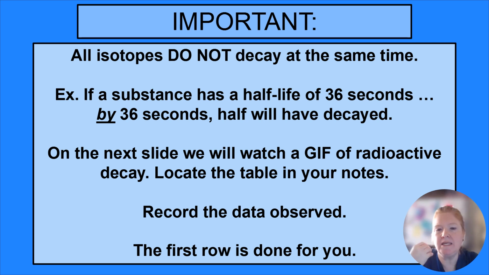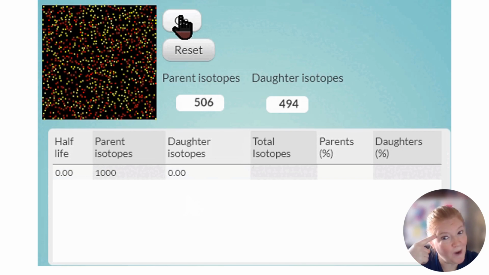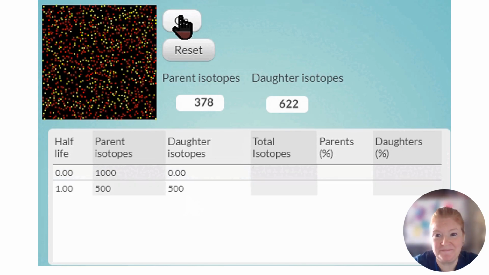So on the next slide, we're gonna watch a GIF of radioactive decay. You have a table in your notes, and the first row is done for you, but what I want you to do is record the data that you observe, okay? Remember, you should be writing this down in your table. Watch and write.